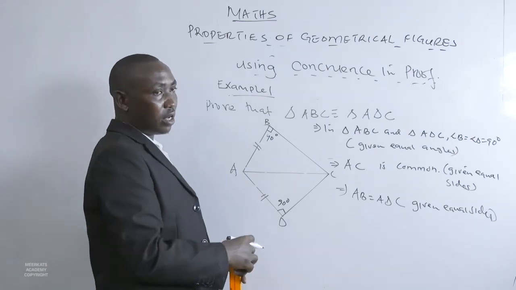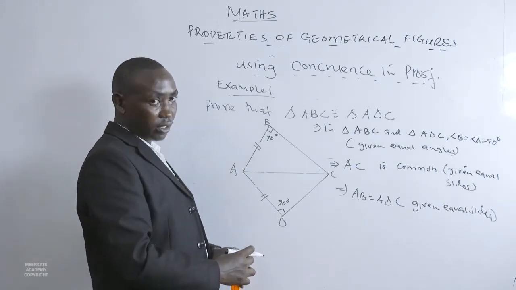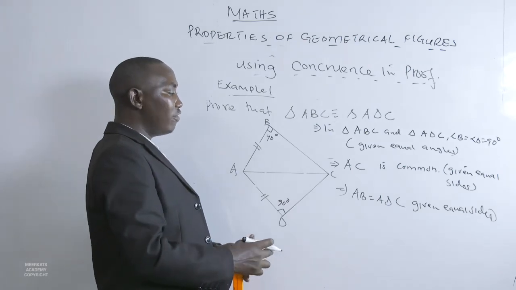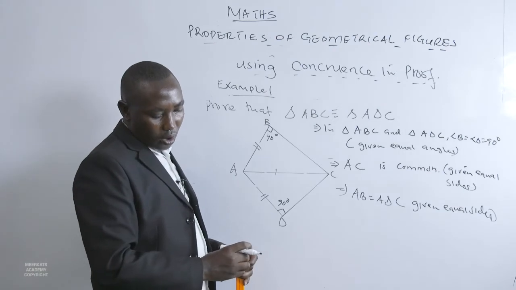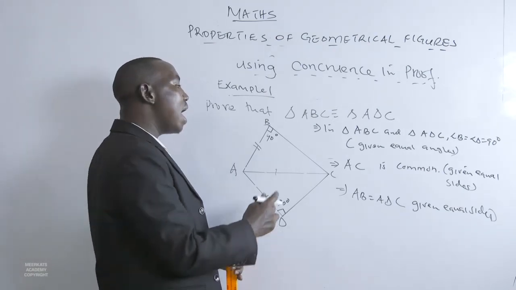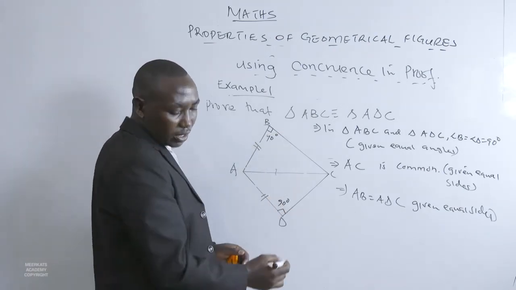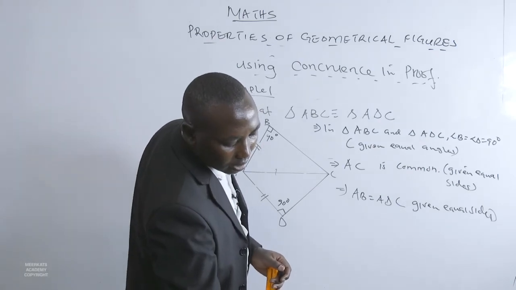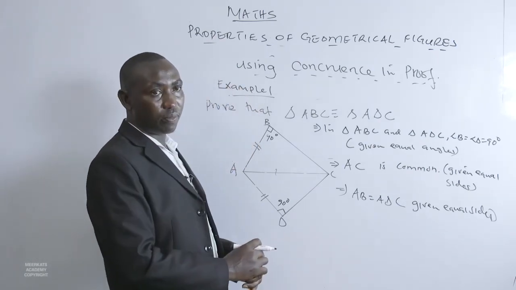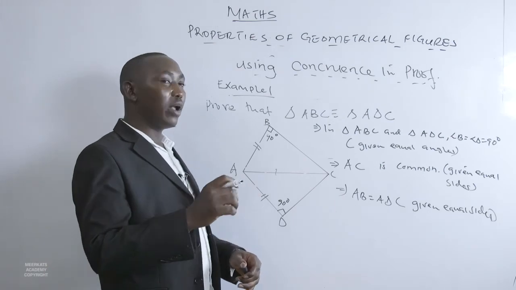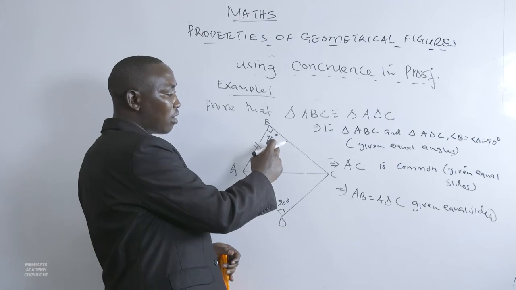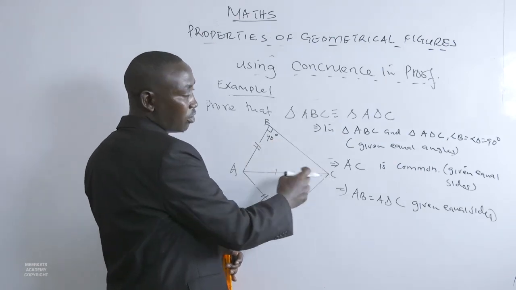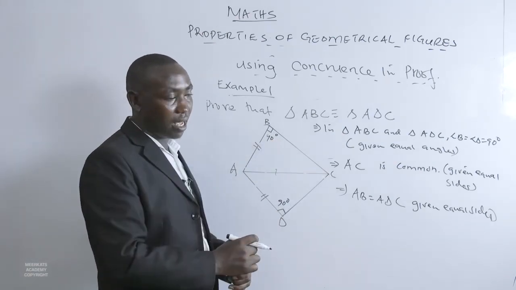Now that we have those two cases, we have two sides which are equal, and we have an angle which is equal, and one of these is 90 degrees. Then that means you are going to use the fourth test in congruency, the right angle, hypotenuse, and one side, because this is the hypotenuse and one of the sides.